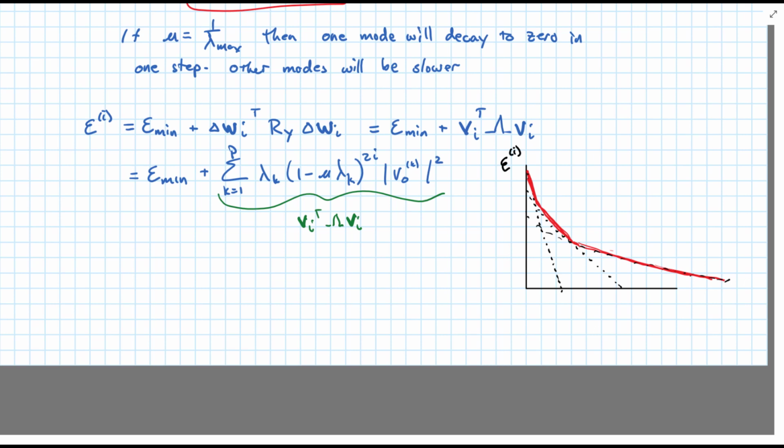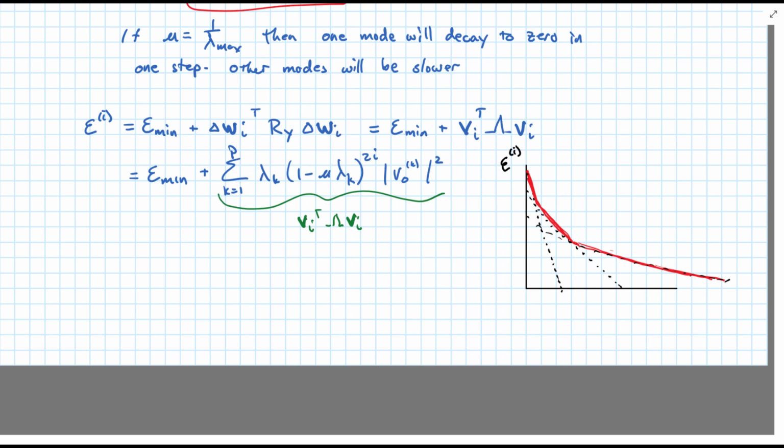In an ideal world, all of the eigenvalues of Ry are going to be the same. And if they're all the same, then everything will decay at the same rate. And we can choose our mu so that it's the fastest rate possible. Ideally, we would choose mu to be 1 over this lambda, and so everything would jump to 0 extremely quickly.